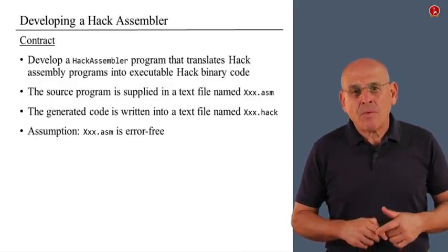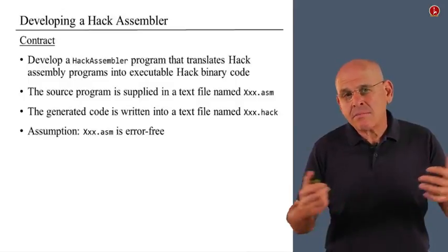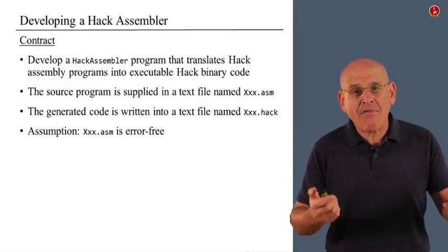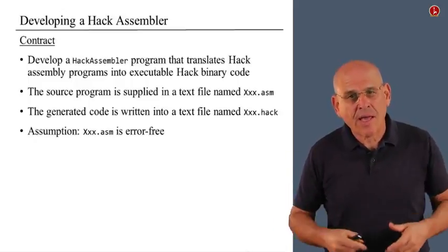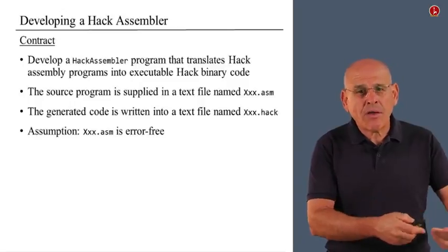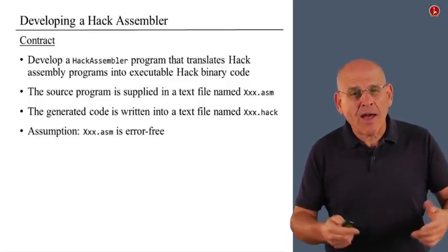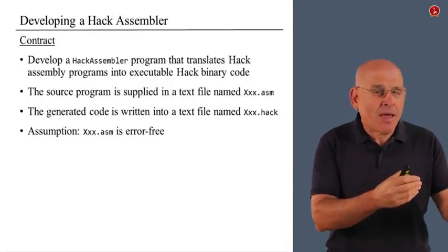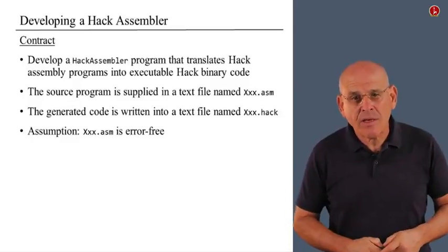And we assume that the source program is supplied in a text file called somename.asm. And given that this is the input that you have to operate on, your hack assembler program should generate a new file called the same name as the input file, .hack, so different extension.